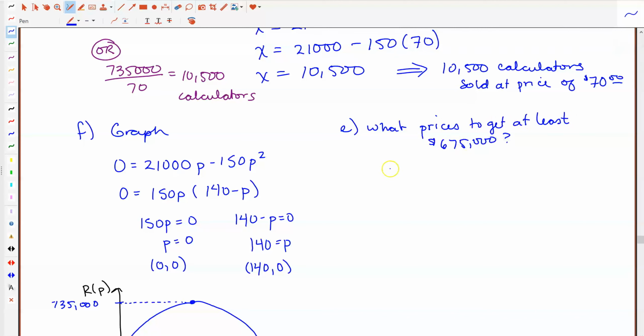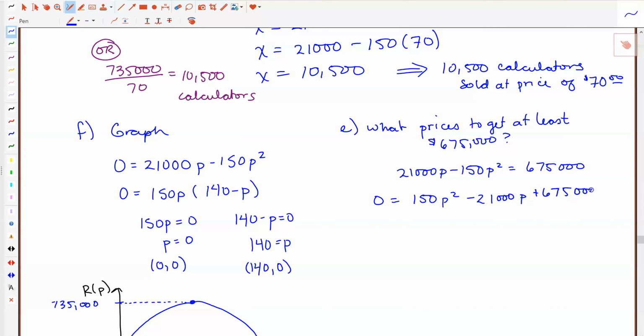So I'm going to take my revenue function, which is 21,000p minus 150p squared, and we'll set that equal to the revenue we want to achieve, which is 675,000. So then we just need to solve this quadratic equation. So we'll set it equal to 0. So 0 is equal to 150p squared minus 21,000p plus 675,000.